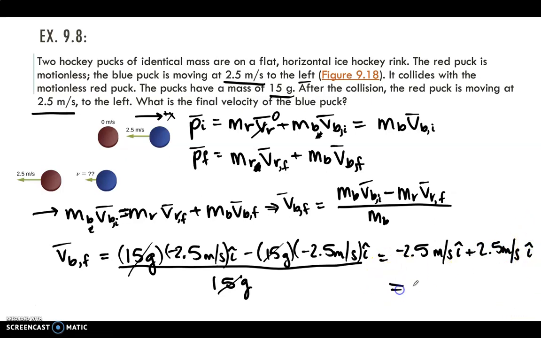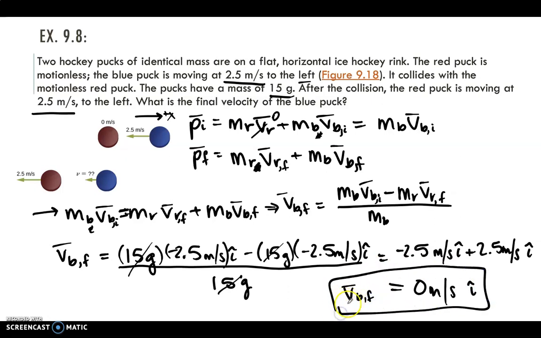Okay, so this gives us 0 meters per second I hat. So our final velocity of that blue puck is actually 0 meters per second, so it's not moving anymore. Okay, so it transferred all of its energy to the red puck when it hit it. Okay?